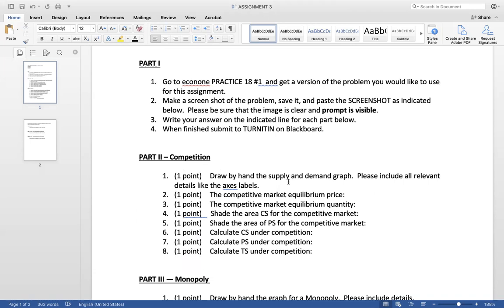This is the one you're going to construct on your own, as if the monopoly was a competitive firm. So I'm going to stop sharing for a minute.